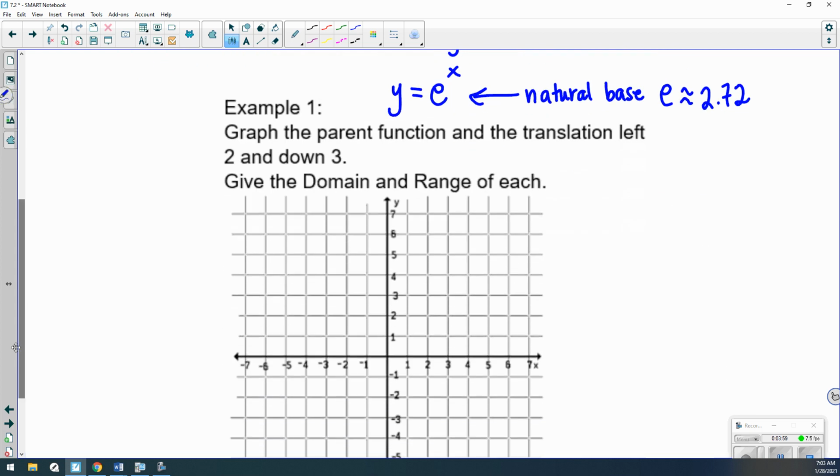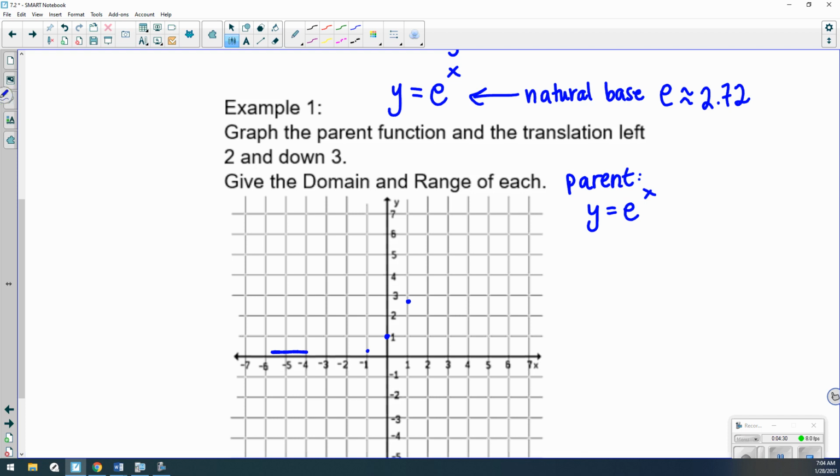So here's the parent, y equals e to the x. I can think of a table of values here if I wanted, but I'm just going to do this out loud. If I plug in 0, I'm going to get out 1 because e to the 0 is 1. If I plug in 1, I'm going to get about 2.72, so that's going to be right about there. And if I plug in -1, that would be 1 over 2.72, and that's going to be something pretty close to 0.